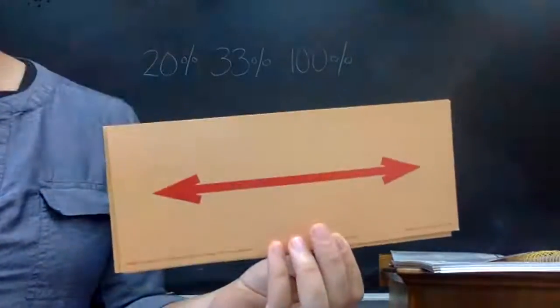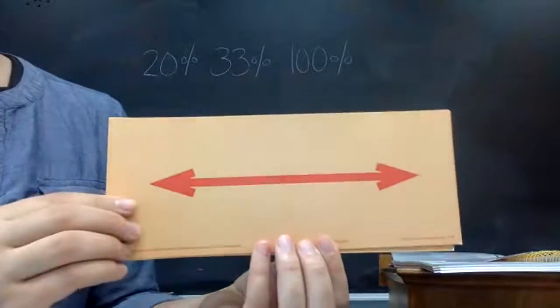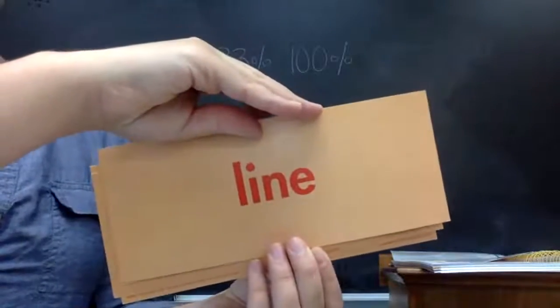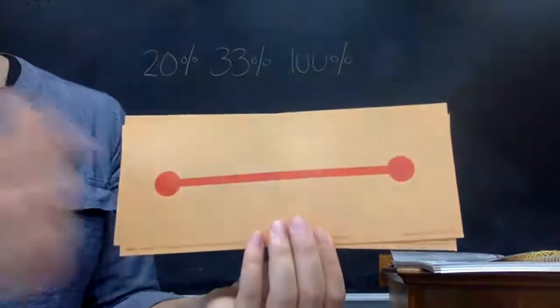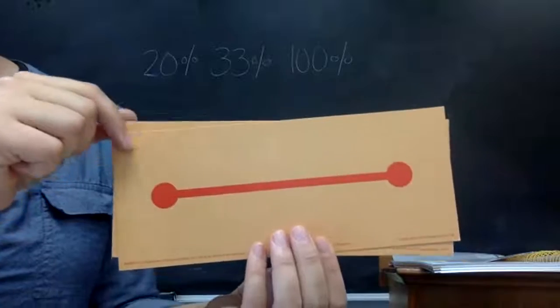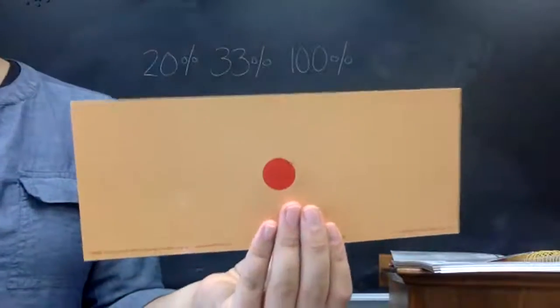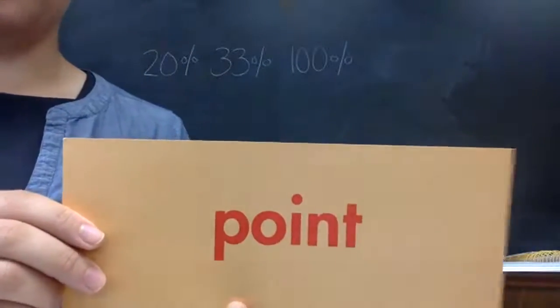A ray. What do we call it when both sides go on indefinitely in their direction? A line. What do we call it when we have two specific endpoints? A line segment. And what do we call a simple dot? That is a point.